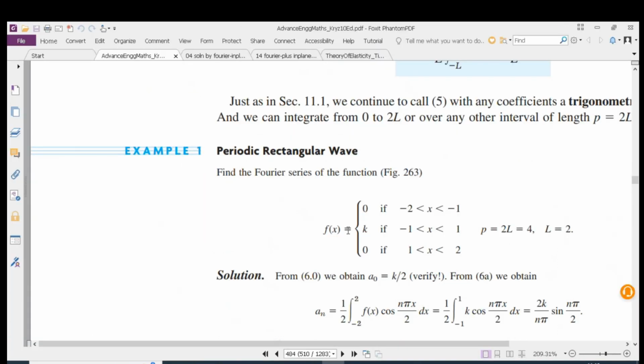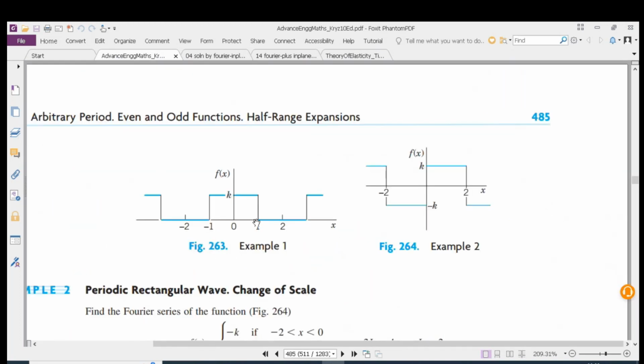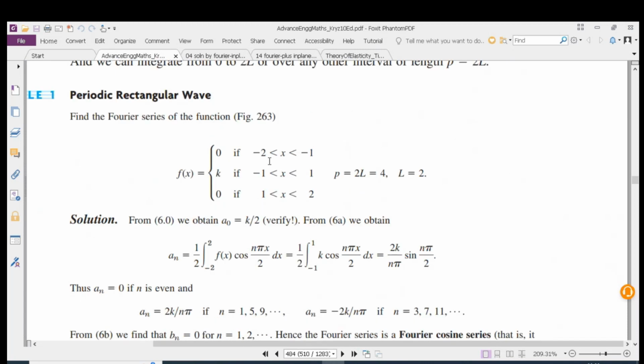So imagine we have a rectangular wave, which is shown over here. This is a rectangular wave, which repeats itself after an interval of 2. The wave is given to us over here.